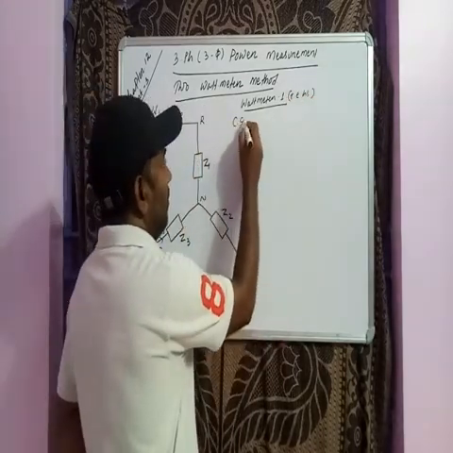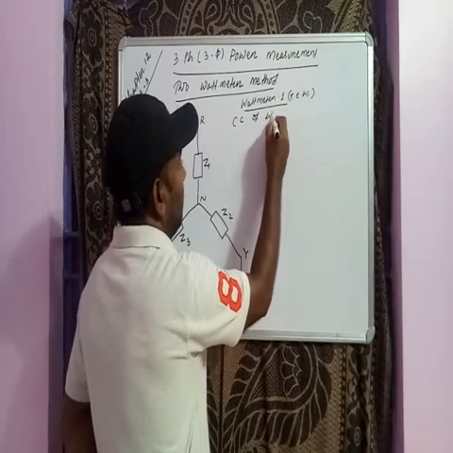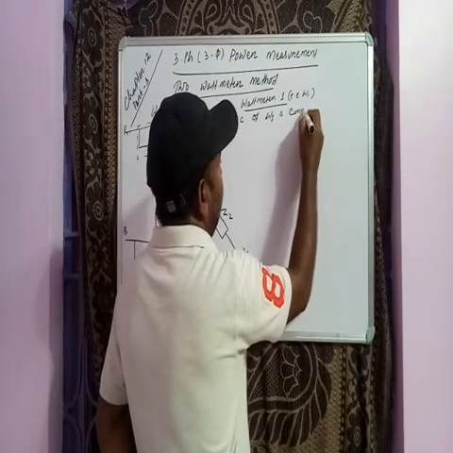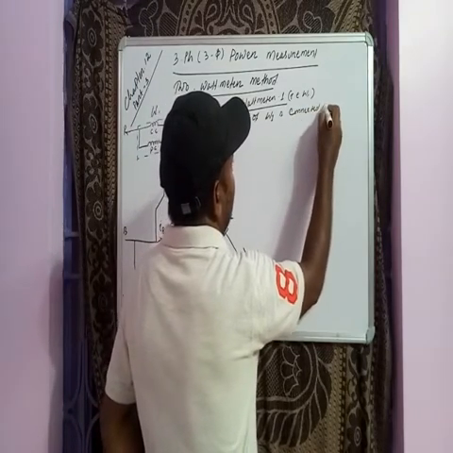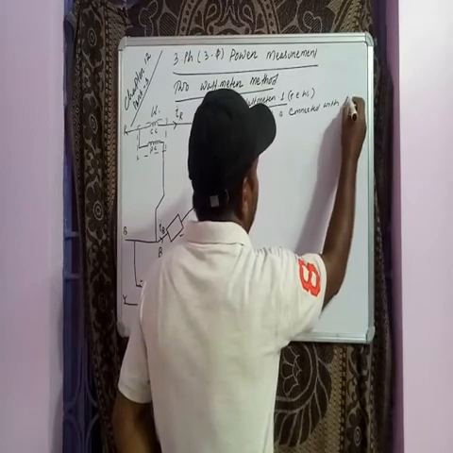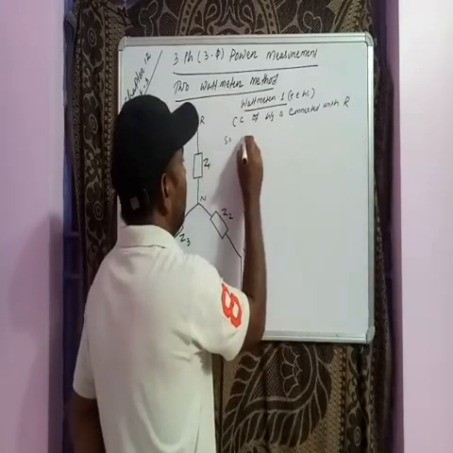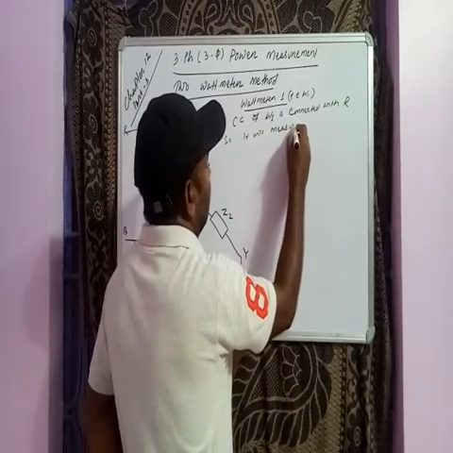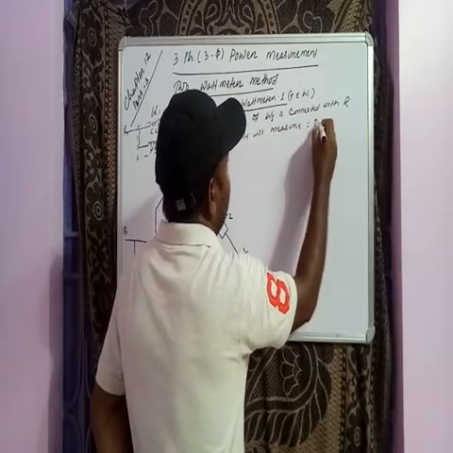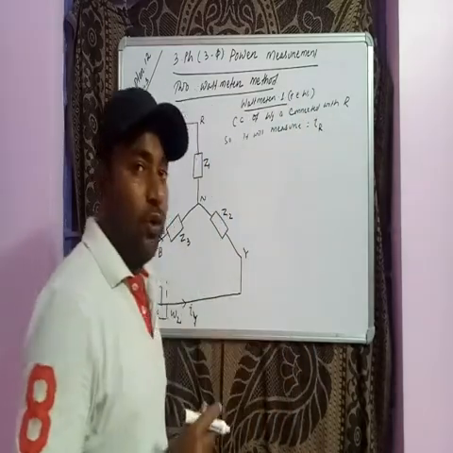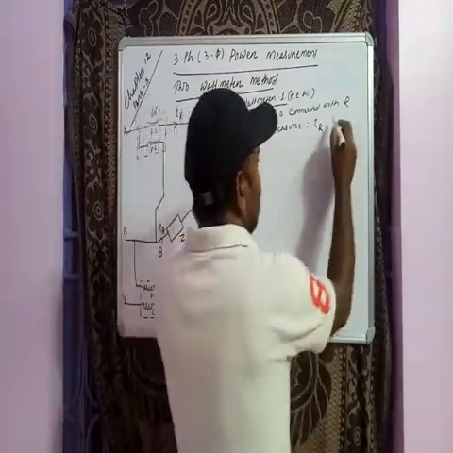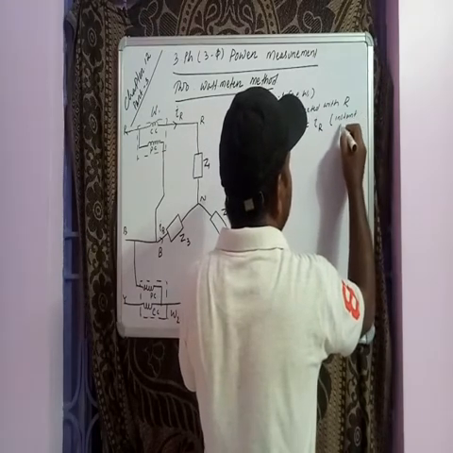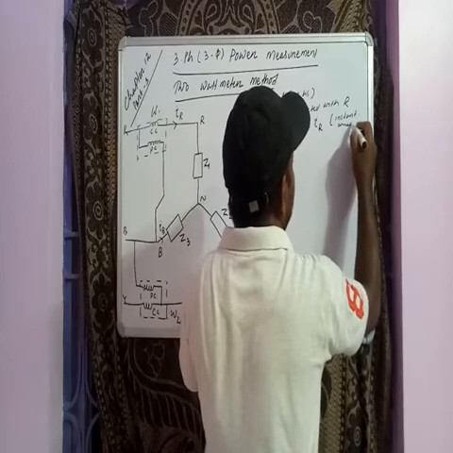The current coil of W1 is connected with R, so it will measure IR. Small i I have written, so it is the instantaneous current.